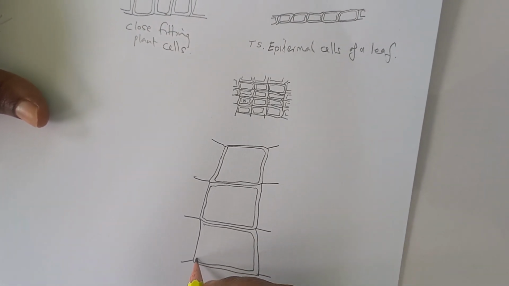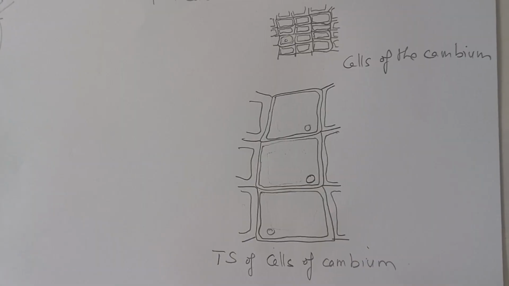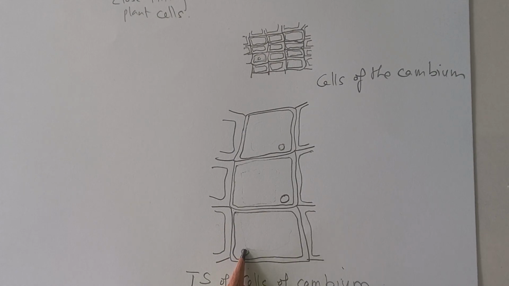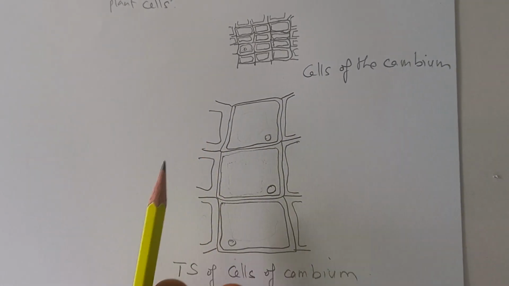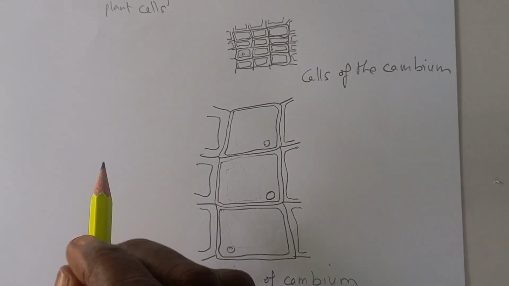But I see something that looks like a nucleus in one of them. So that is the nucleus in there. And you know, in the cambium, the cytoplasm fills the whole cell. All right, it's filled with cytoplasm.